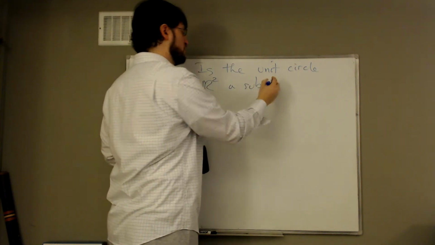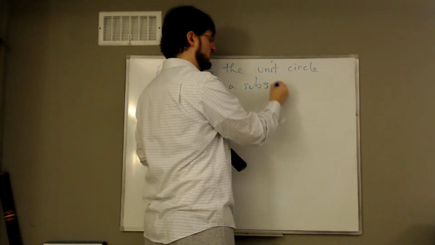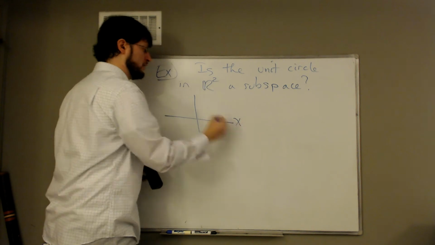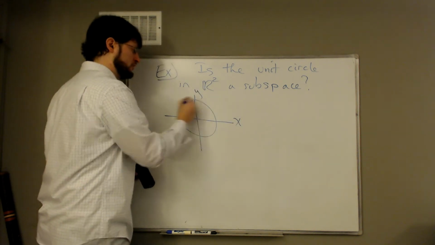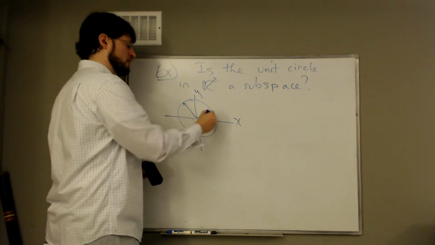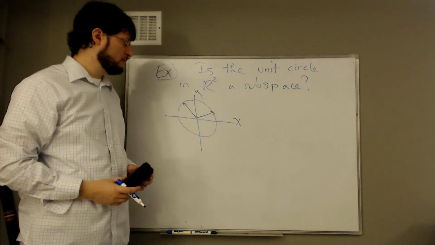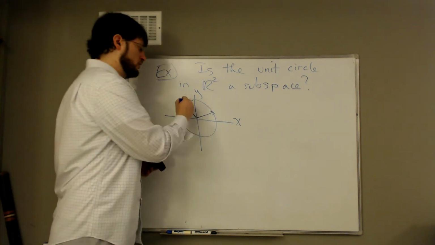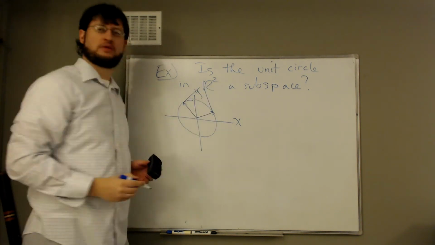So is the unit circle in R2 a subspace? So here's R2, the xy plane. The unit circle is the circle here. If I looked at all vectors which stayed on the unit circle, does this form a subspace? Well, no. Because if I add up any two vectors that are on the unit circle, it goes off of the unit circle.